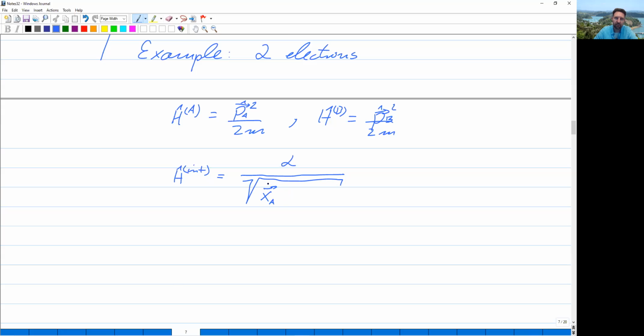So we have the position of electron A minus the position of electron B, and then we square that, and then we take the square root of that. That's the distance. So that's a 1 over r, or 1 over distance potential. And then it's positive in order to describe the situation where the two particles are repulsive. Two electrons, same charge.